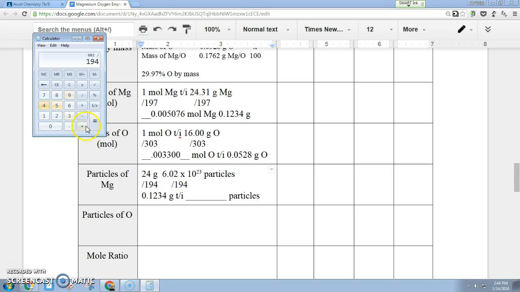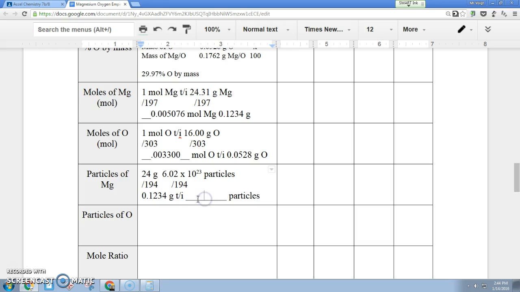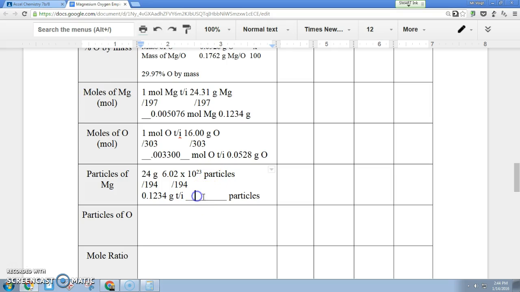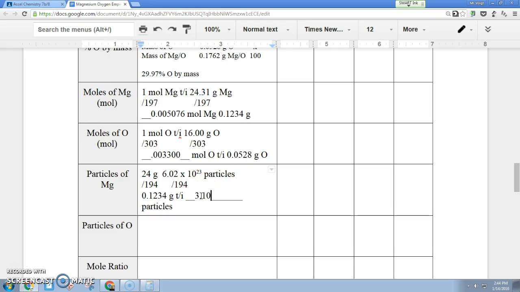Divided by 194, and I get 3.103, 3.103 times 10 to that. Took those 2 tens out, so it's 10 to the 21st particles.